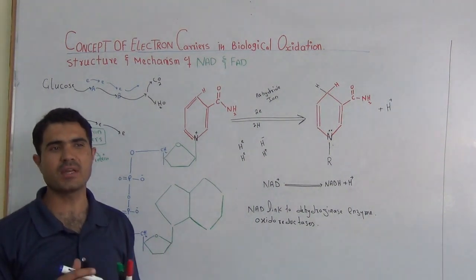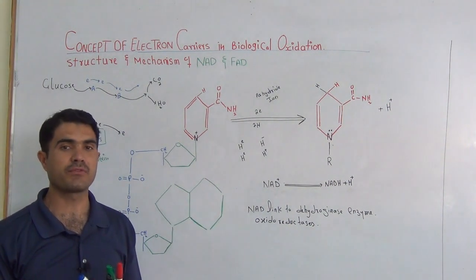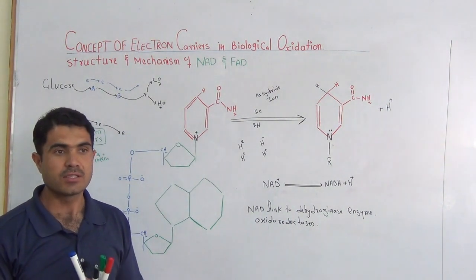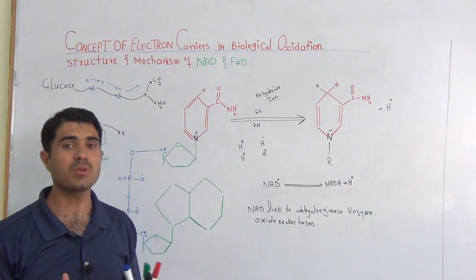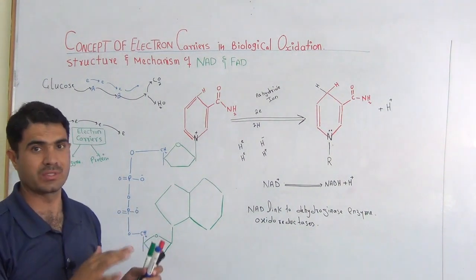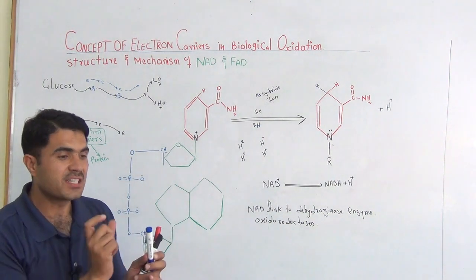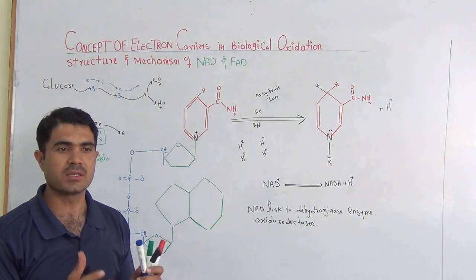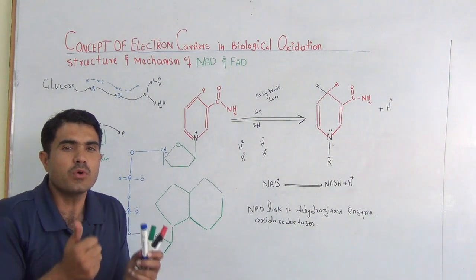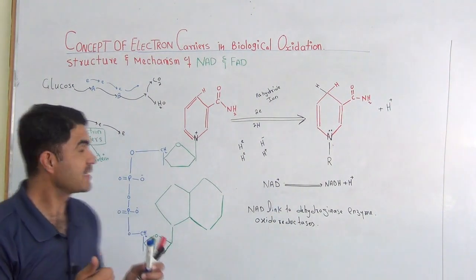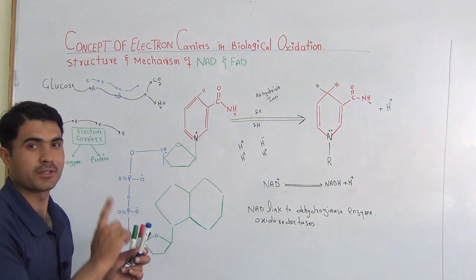There must be something that transfers these electrons from one place to another. So this is not the glucose. Yes, we know these electrons belong to glucose. These electrons are part of glucose molecules. But the transfer of electrons is the most important part.